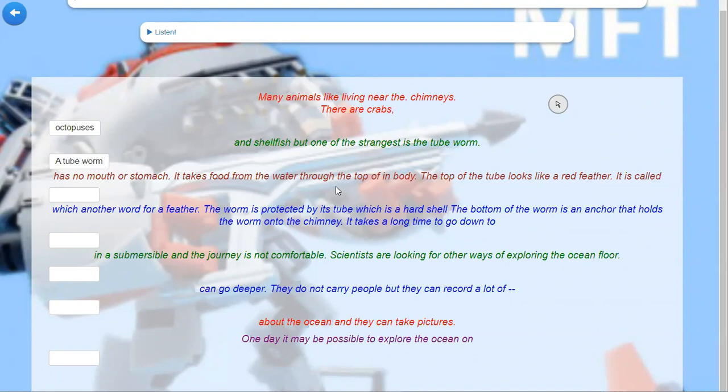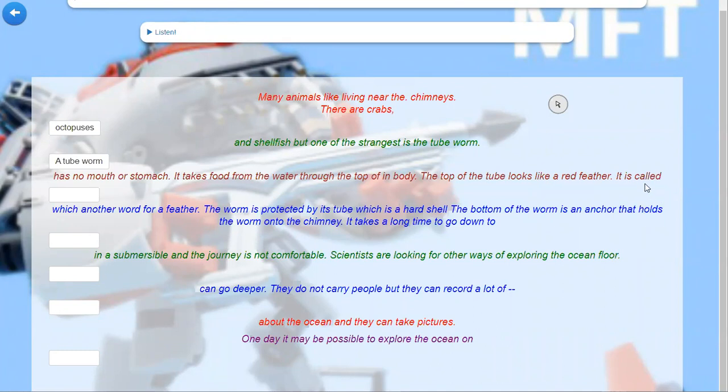So, subhanallah, it has no stomach. It's something different. Allah is the unique one who is able to create everything to accommodate its nature and the environment around it. So, subhanallah, this worm has no stomach.